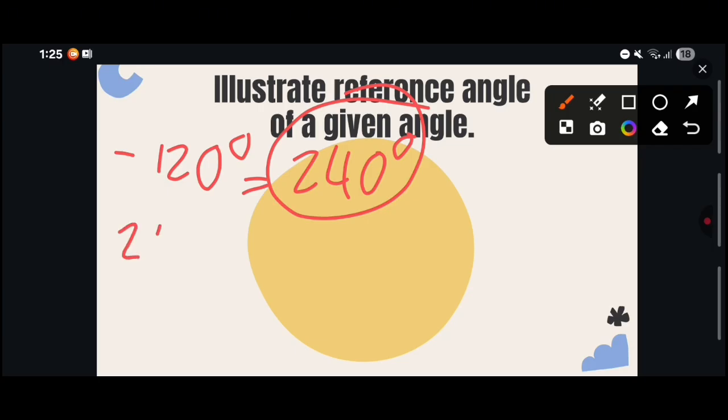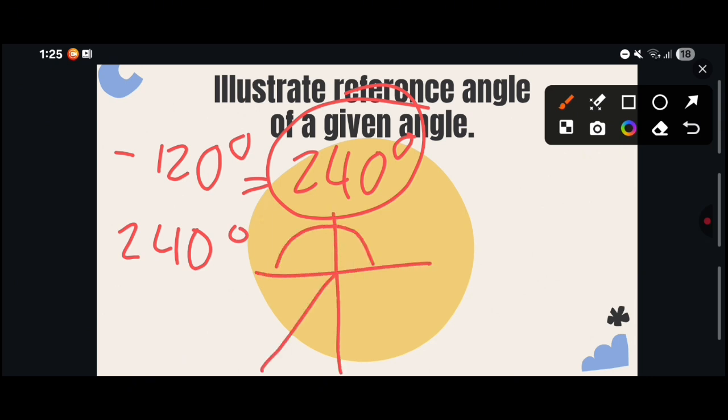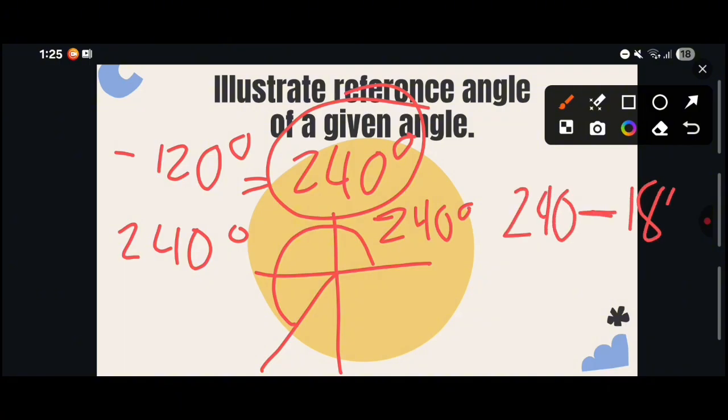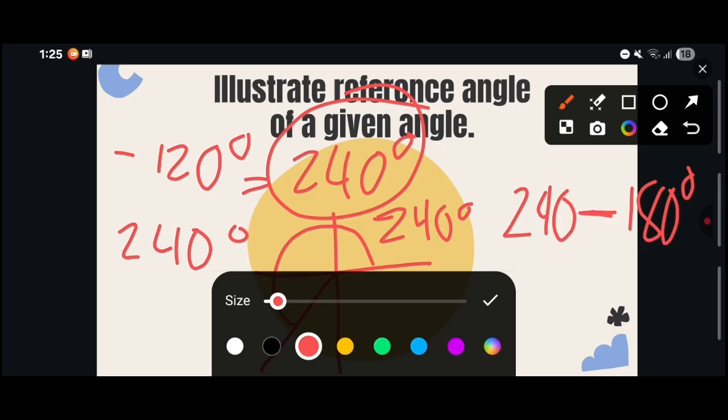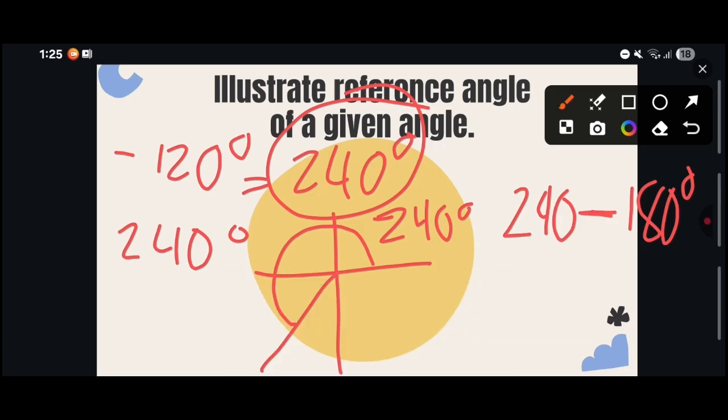Now, since 240 degrees lies in quadrant 3, the formula we will use is 240 degrees minus 180 degrees, since it lies in quadrant 3, so we subtract 180 degrees. We're looking for the reference angle. So let's solve this part.